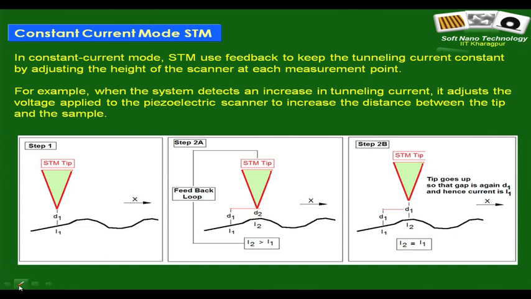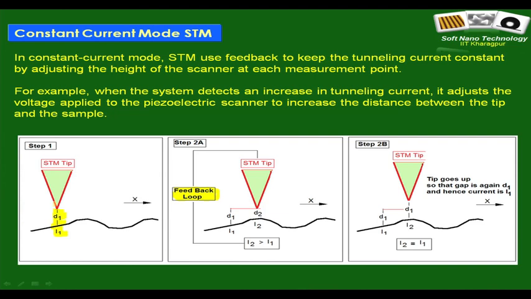That led to the introduction of what is known as the constant current mode. Here there is an additional piece of hardware, and that is a feedback loop. The idea is that you start your scan again at a particular point, where let us say the separation distance is d1, that is a comfortable separation distance. What is a comfortable separation distance?